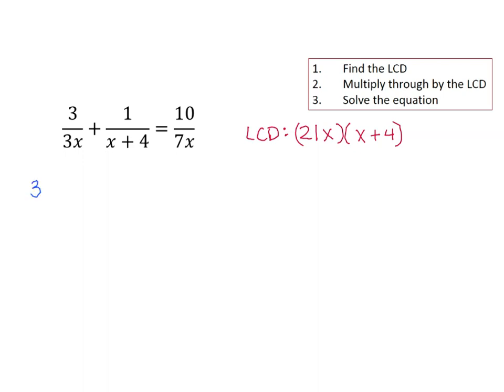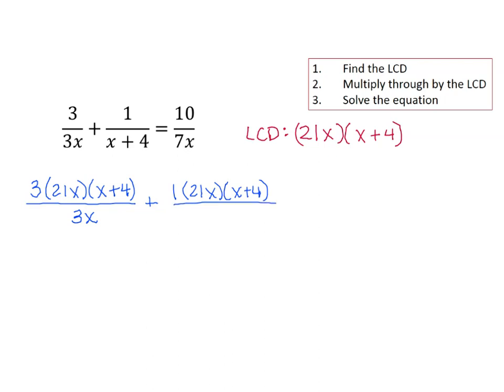So I'll have 3 times my LCD and then 1 times my LCD and then 10 times my LCD and now I'm going to go through and cancel wherever I can.